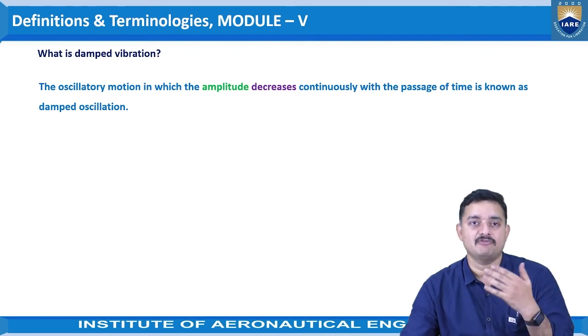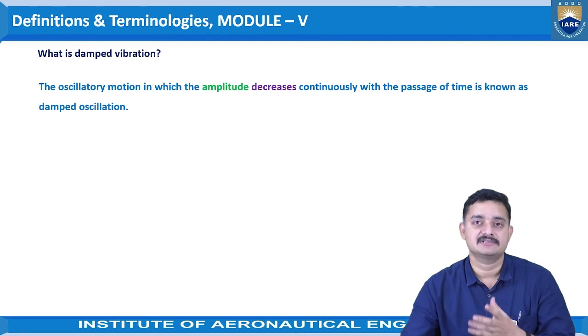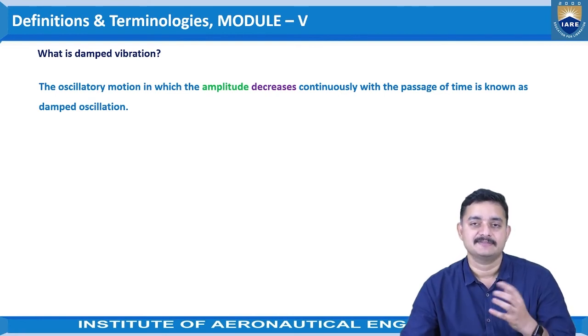Many times, the automobile suspension systems that are being made take this damped oscillation into consideration. Once the vehicle hits a bump, the suspension system, immediately after the impact, brings the vehicle back into an equilibrium state as soon as possible.